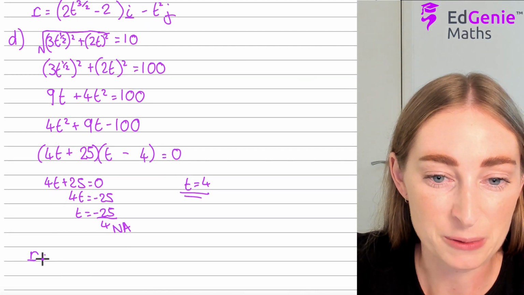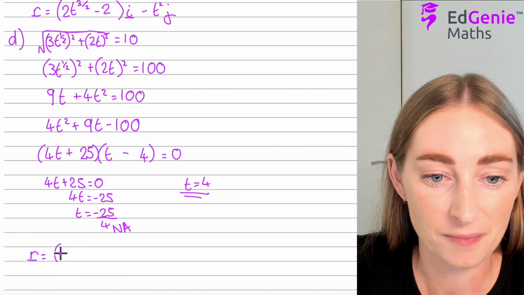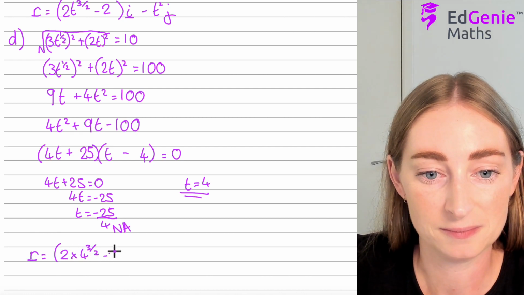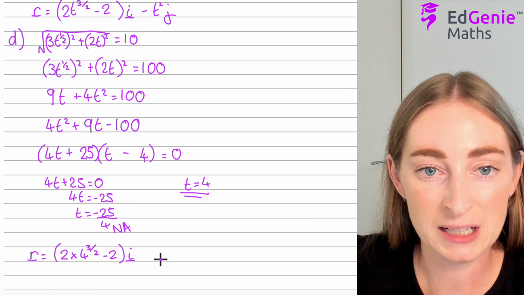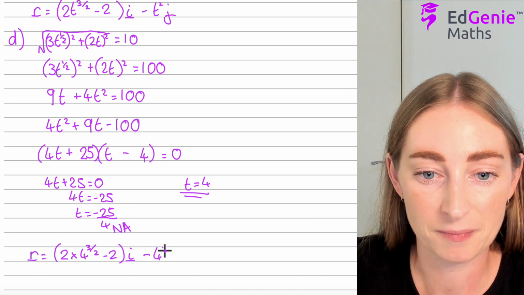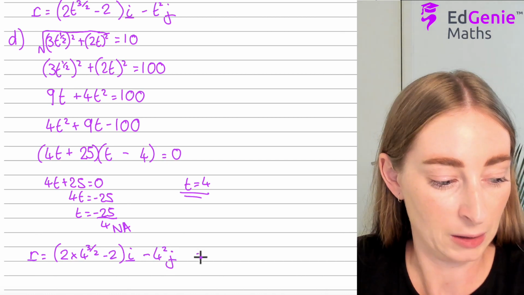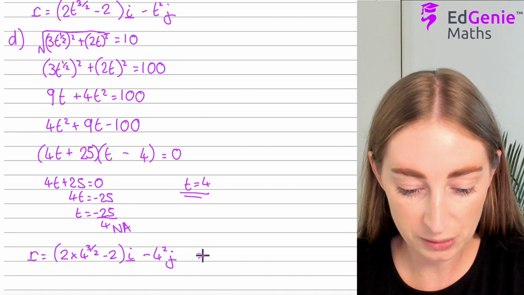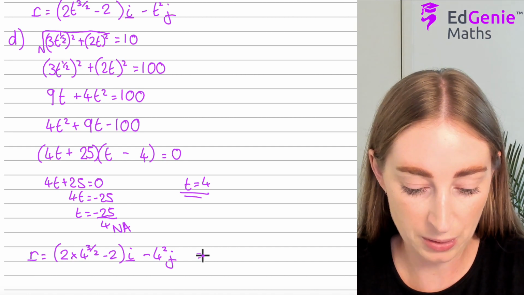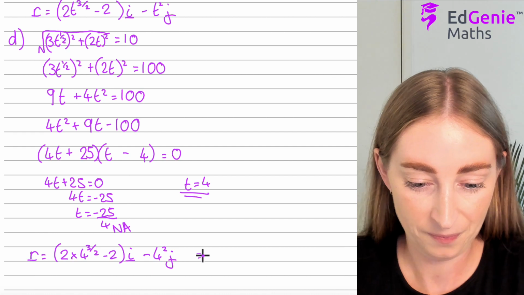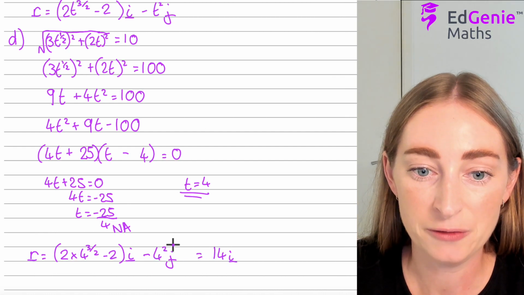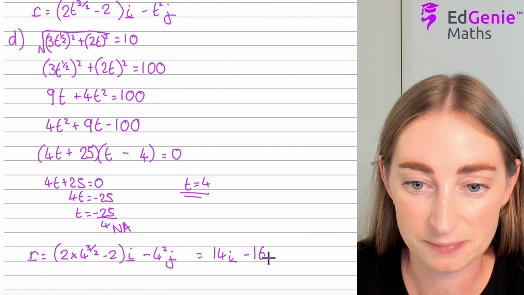So r equals, and that's the i direction. Okay, put this into our calculator. 2 times 4 to the power of 3 over 2 minus 2 is 14. 4 squared is 16.